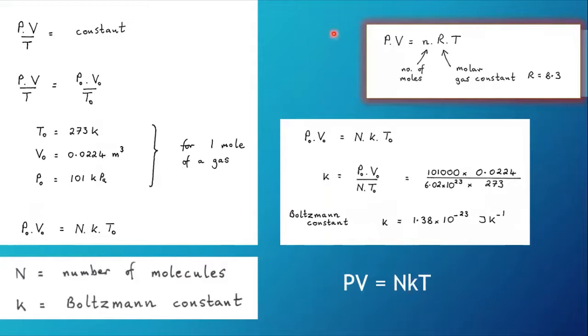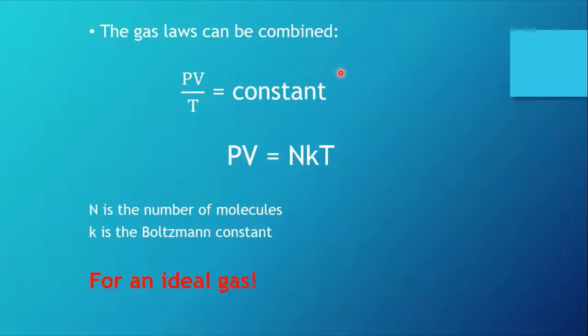Up at the top over here, we've got a relationship which those of you who do A-level chemistry will be more familiar with. We're not going to touch that equation in what follows. So the gas laws will be combined. PV over T is a constant. PV equals NkT, and this is for an ideal gas.